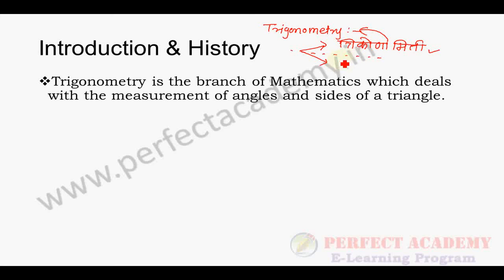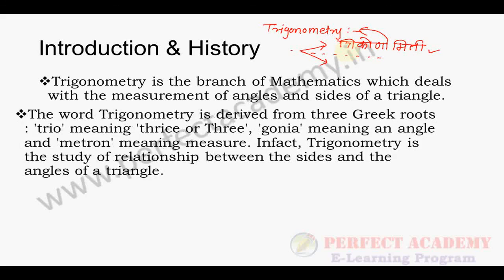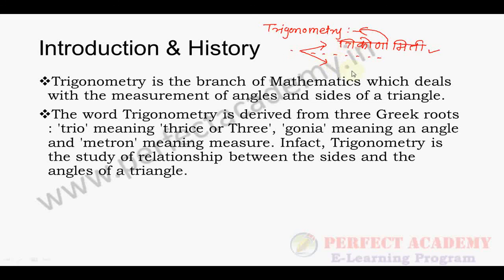The other set of people says that trigonometry has its roots in Greek mathematics, where the word trigonometry is derived from Greek roots. Trio means, of course, 3. Gonia represents the angle, and finally we have metron. These 3 Greek words: trio represents 3, gonia represents angles, and metron represents measurement.